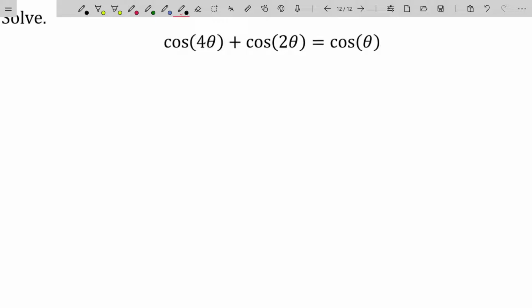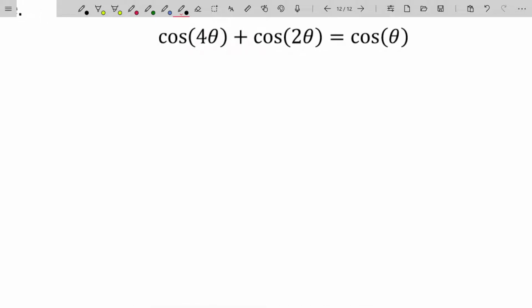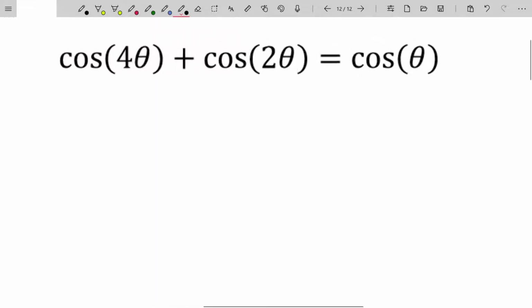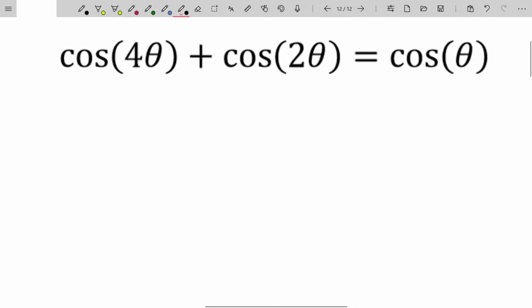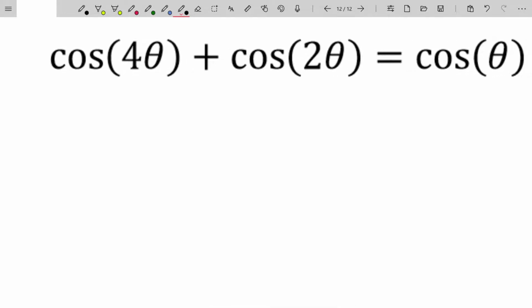Let's suppose that you didn't know, however, that you're supposed to use a sum to product formula. For this problem, you could still possibly get away with it. The idea here is you have 3 of the same trigonometric functions. They're all cosines, but their arguments are completely different. So the first one has an argument of 4 theta, and then we have a 2 theta and a regular theta.